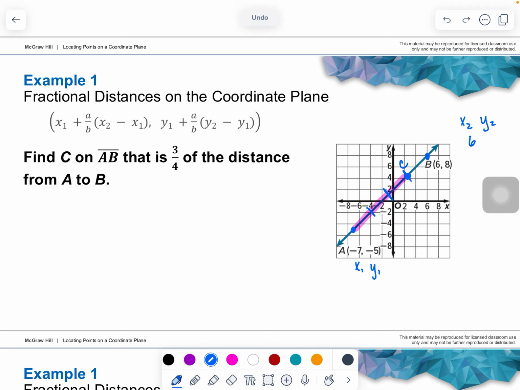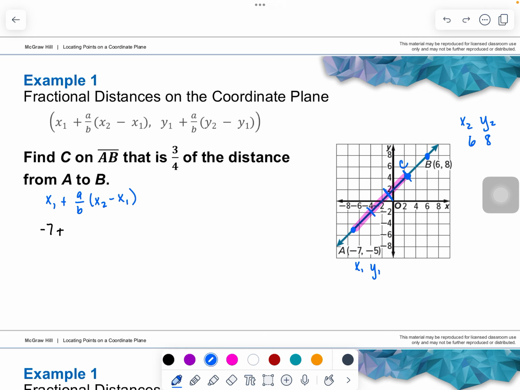So let's look at just the x coordinate. So if we've got x1 plus a/b times x2 minus x1, let's fill in for that. So x1 is -7, and a/b is going to be 3/4, right?